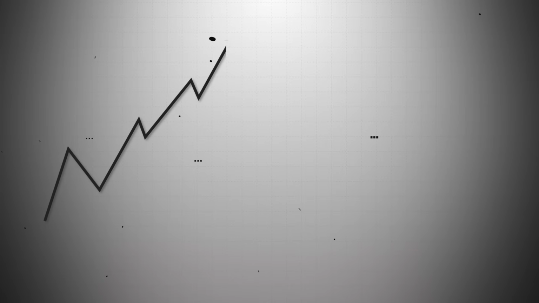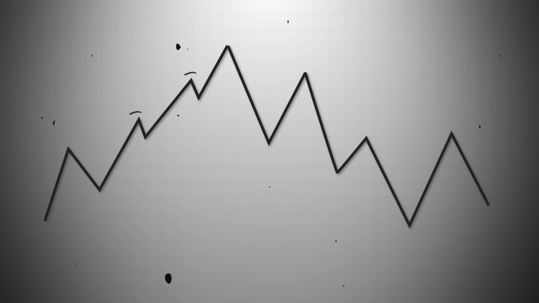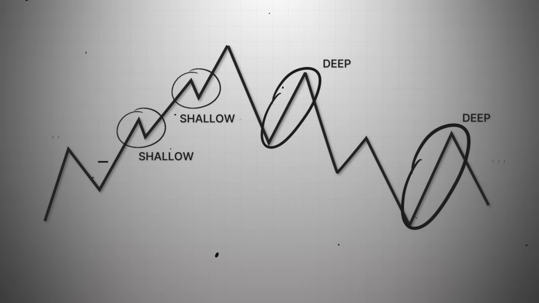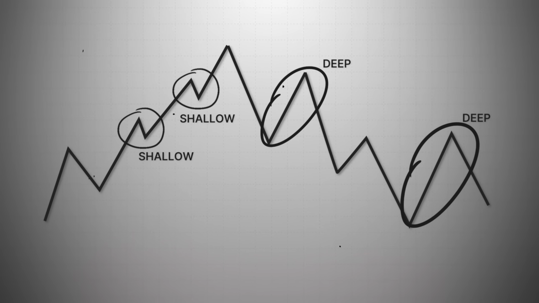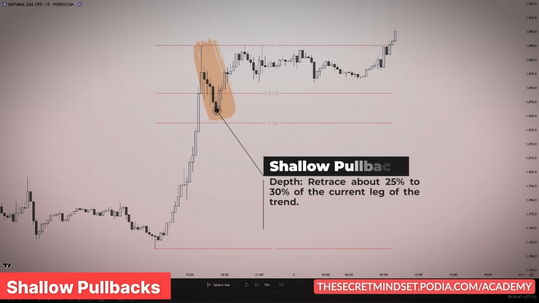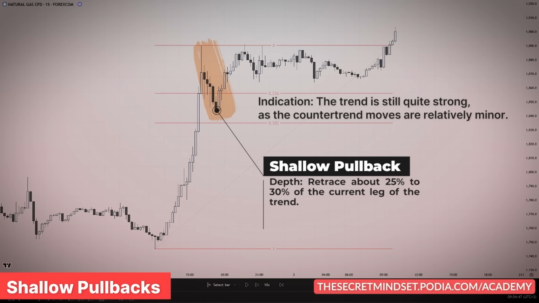Now, not all pullbacks are created equal. We can classify them into two main types based on their depth: shallow pullbacks and deep pullbacks. Shallow pullbacks are corrections that retrace only about 25% to 30% of the current leg of the trend. They indicate that the trend is still quite strong, as the counter-trend moves are relatively minor.